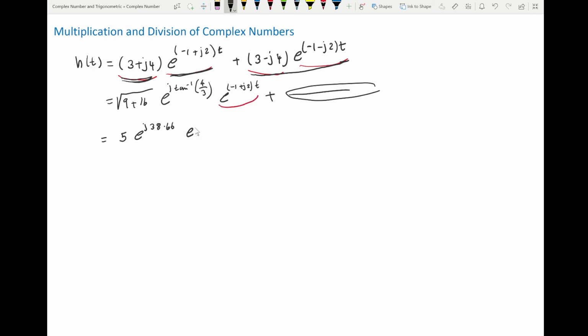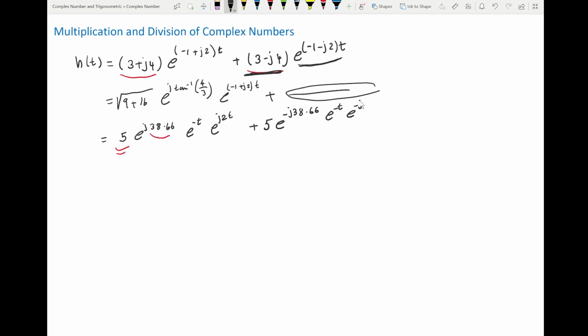Now I will break this function to two parts. First part will be e^(-1·t), e^(-t), times e^(j2t), plus. Let's clean up first. Now this is a conjugate of this complex number. That means it will have the same magnitude and the angle will be negative. So I will have for this one 5 e^(-j 38.66). And then I will break these to two parts, e^(-t), e^(-j2t).